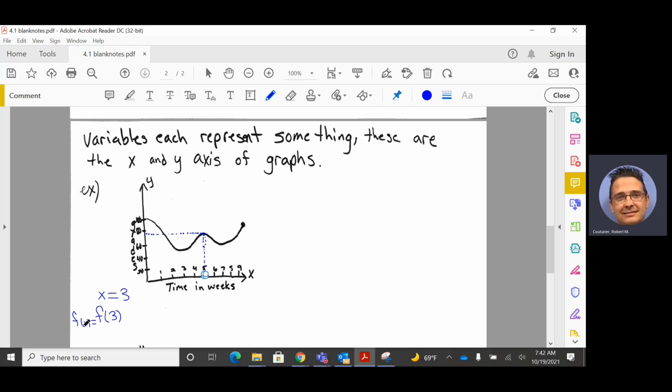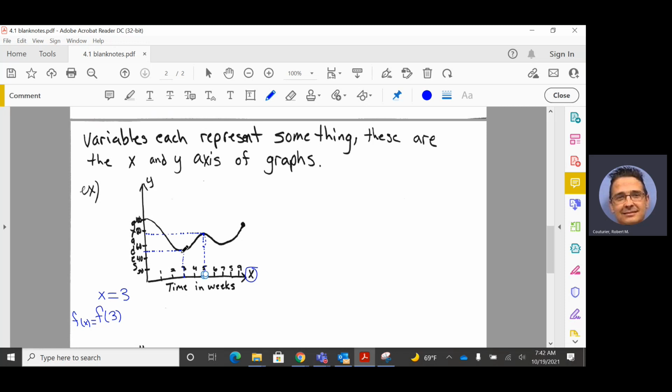That's what this means. When we see this fancy function notation, what is the function f of x? It just means what is it when x equals 3? So again, you look on your x-axis at 3, go straight up till you hit the graph, and then go straight to the y-axis.